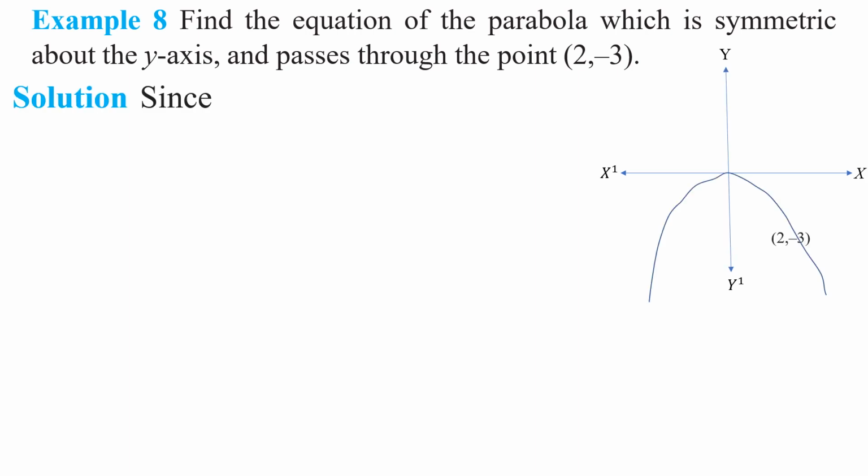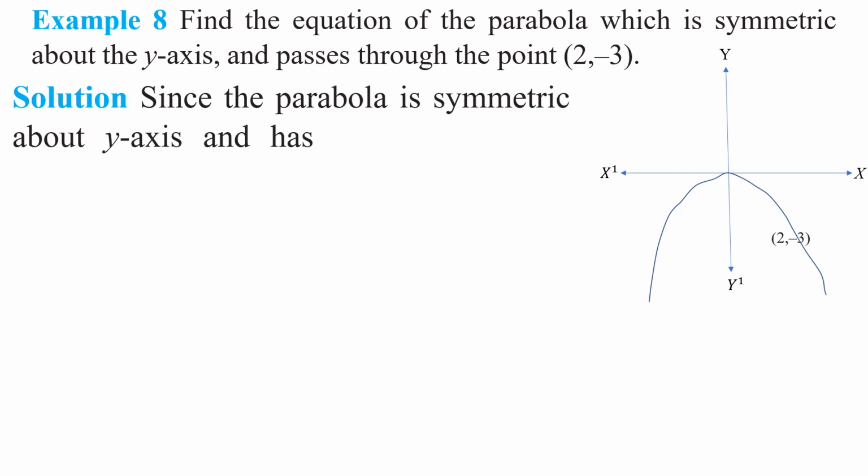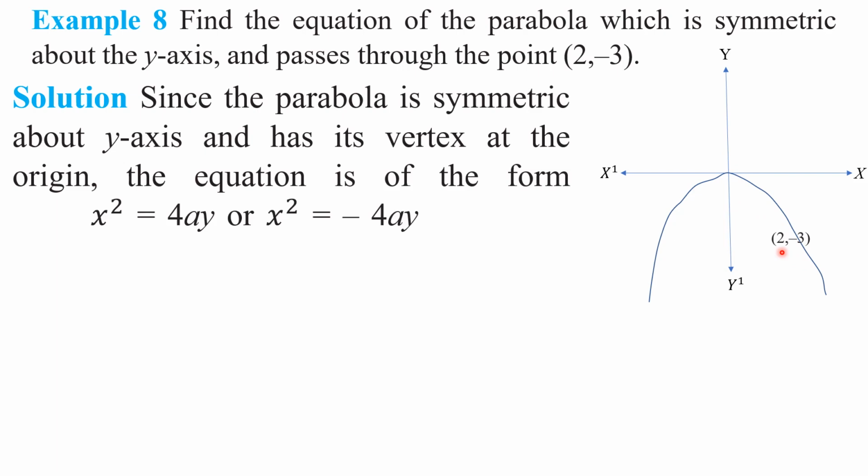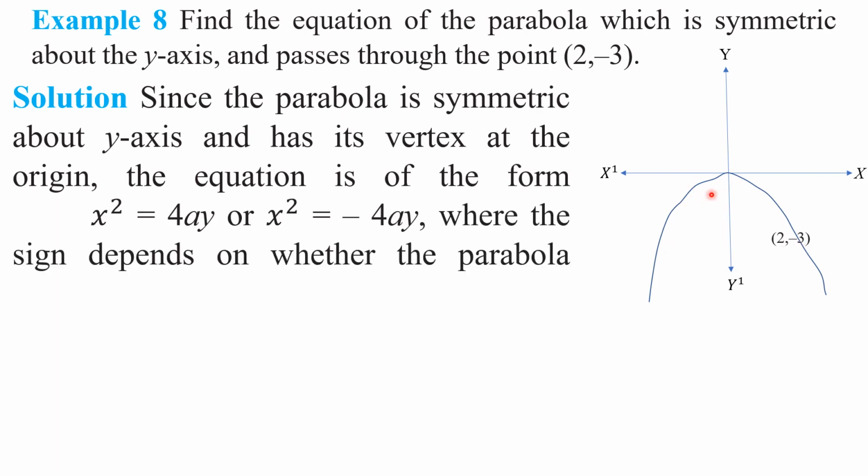Now come to this diagram, my children. Here the axis of the parabola is the y-axis, and this parabola is passing through the point (2, -3). So it lies in the third and fourth quadrant, opening downwards.